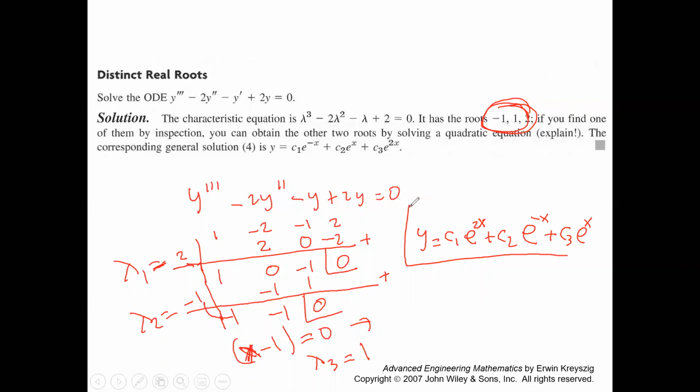So this will be your solution. But this is only for homogeneous, because this is equal to 0. Or you can also use factorization, for example. This is called synthetic division, to find the roots of them. They can also have complex roots. Any questions?